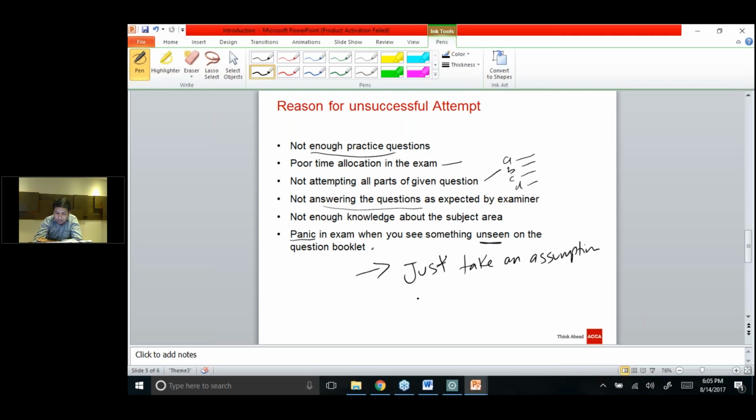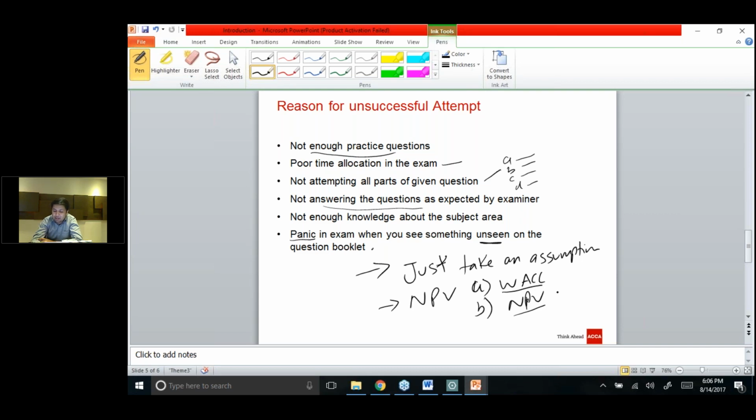For example, if there is a question on NPV, obviously a very common and familiar topic, and the first part is to calculate WACC and the second part is to calculate NPV, and you're not sure that you have calculated exactly the right answer of WACC in part A, but you know how to do the NPV question, then take an assumption of WACC.